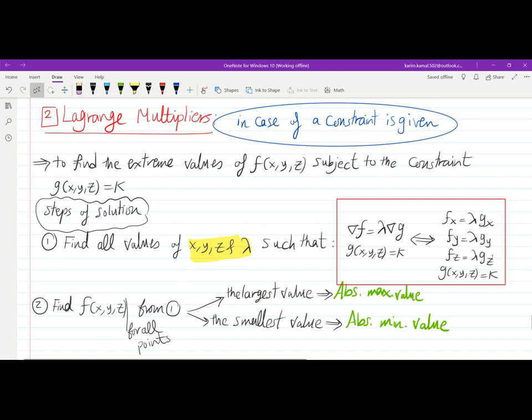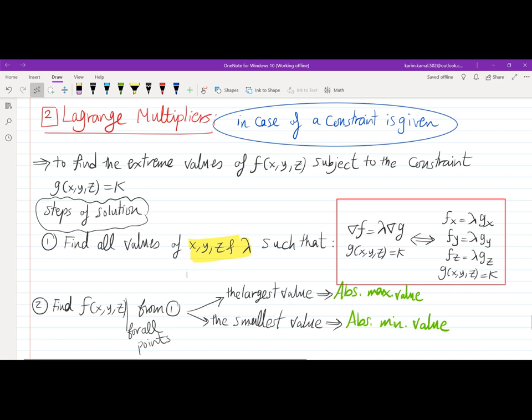The main aim is to solve these four equations in order to get x, y, and z and lambda clearly, and then go to step number 2, which is to find f of x, y, and z for all points you get from step number 1, and the largest value will be the absolute maximum value and the smallest value will be the absolute minimum value.